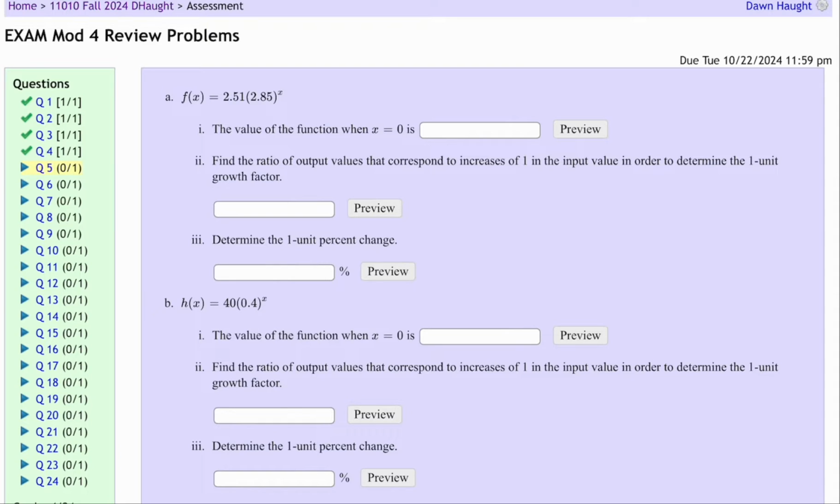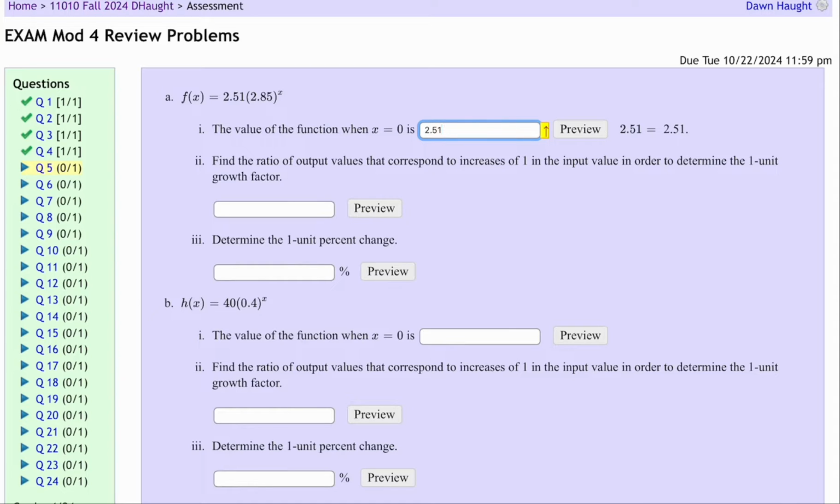Question number 5 says, find the value of the function when x equals 0. If you plug in 0 to this function, you just get 2.51 times 1, which is 2.51. Find the ratio of output values that correspond to increases of 1 in the input value in order to determine the 1 unit growth factor.